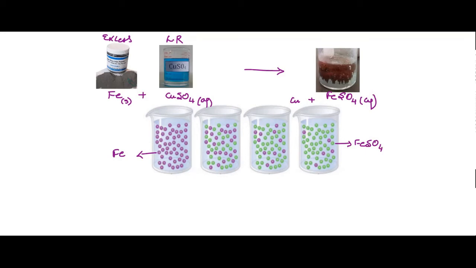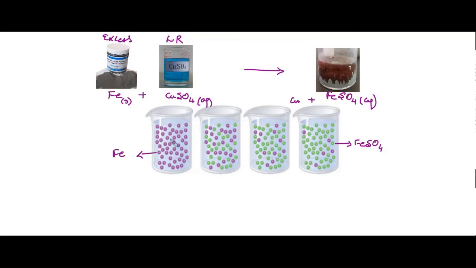The reaction will stop once the copper sulfate molecules have been completely used up. And now in this question, we have been asked to plot a graph for the concentration of ferrous sulfate with respect to time.